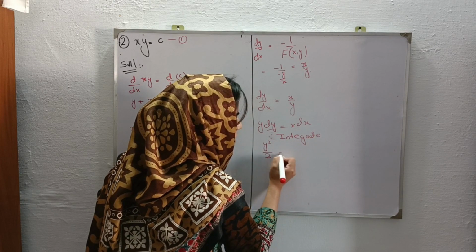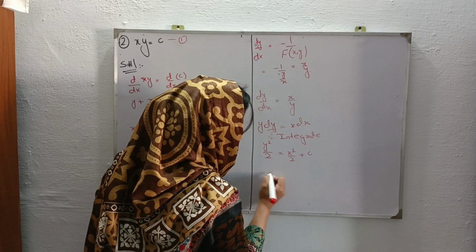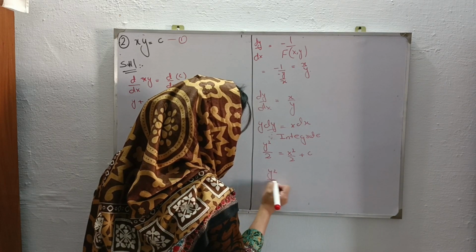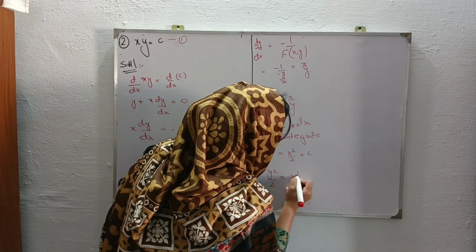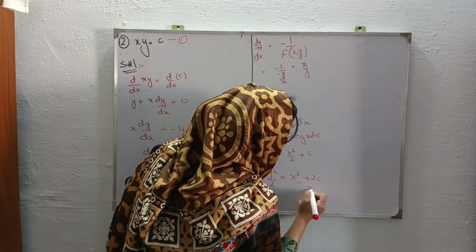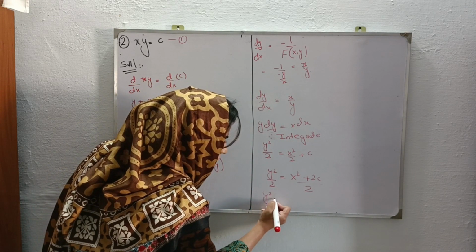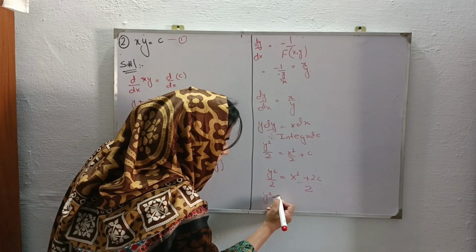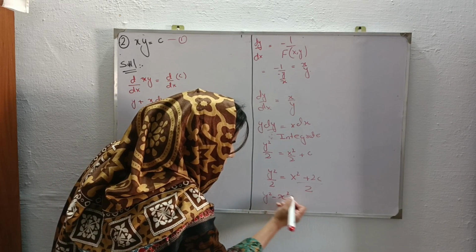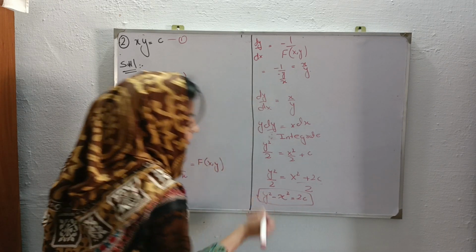And after simple integration, we will get x square plus 2c over 2 equals y square. After doing all the steps, what you will get? y square minus x square equals to 2c, right?